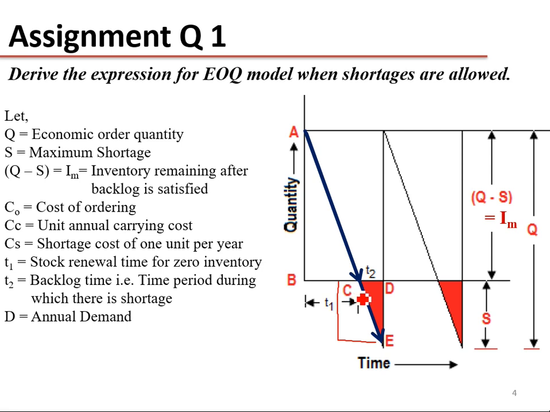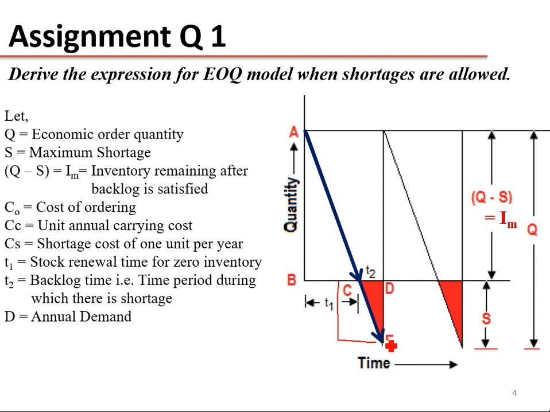Suppose you say that after 2 days or 3 days, you are going to provide the particular unit with the quantity. That means you are going to take the orders in advance, during the shortage of the products or the number of units you have. You take the order, and this order is generally called back orders. So the back orders you are going to get.